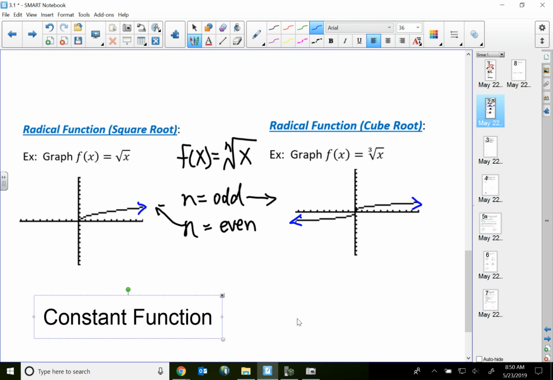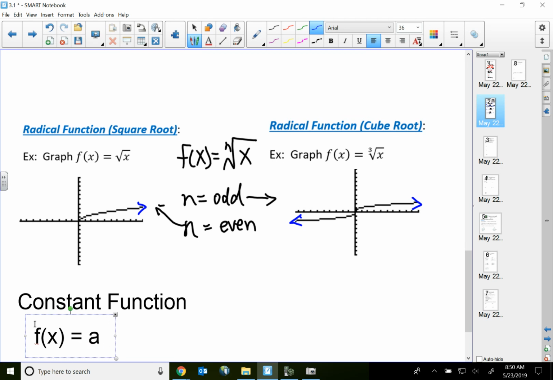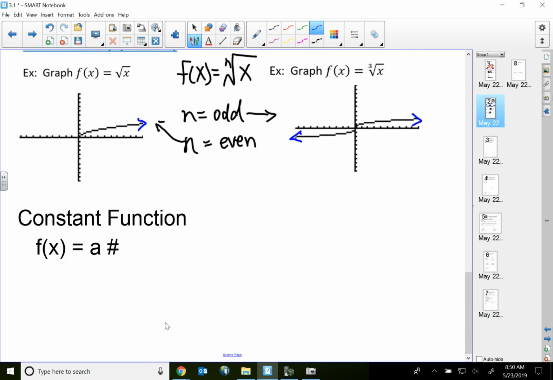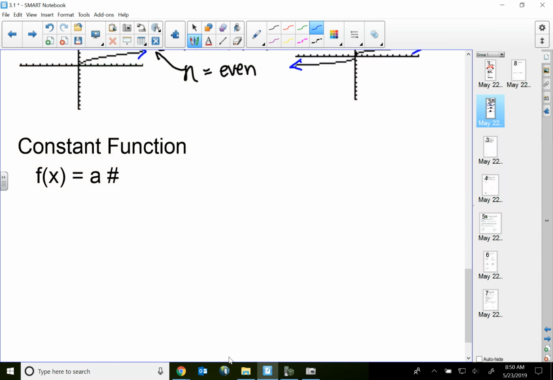All right, constant function is actually referring to your horizontal line, where your function, your f of x, is simply going to equal a number. So if I have, for example, f of x equal to 3, it's almost like saying y equal to 3.